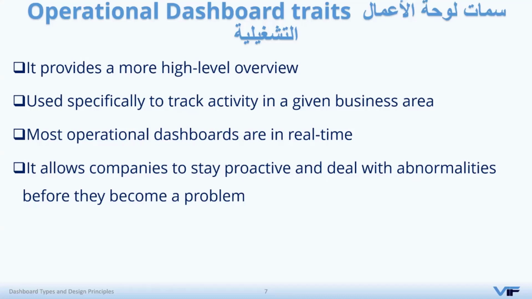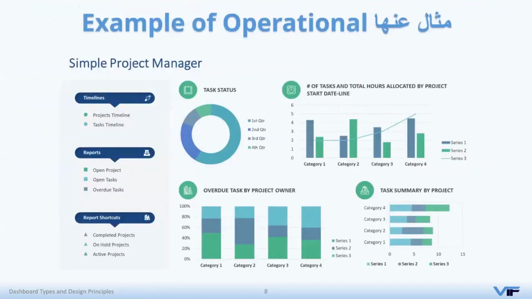They are usually focused on a specific area of the business. For example, a dashboard built for project management: a project manager wants to see the progress of the tasks, what is pending, what has been moved, and what has been accomplished with what resources, and so on. This is an example of an operational dashboard.